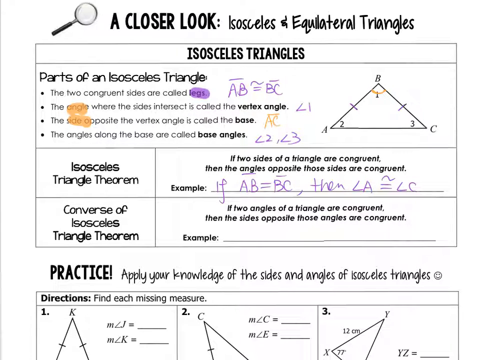So it's translating the congruency in sides into congruency of the two base angles. Now the converse, obviously you just switch the conclusion with the hypothesis: if angle A and angle C are congruent, then these two sides, AB and BC, are the two identical legs. They're congruent as well. Okay?